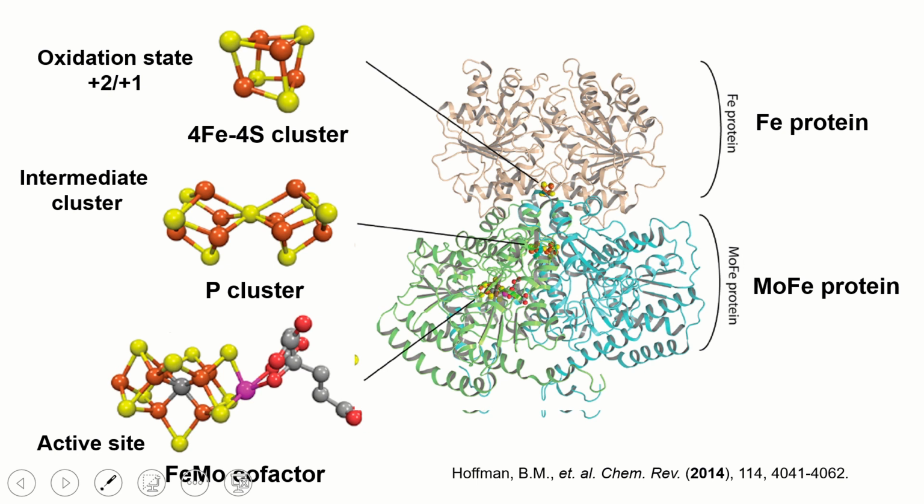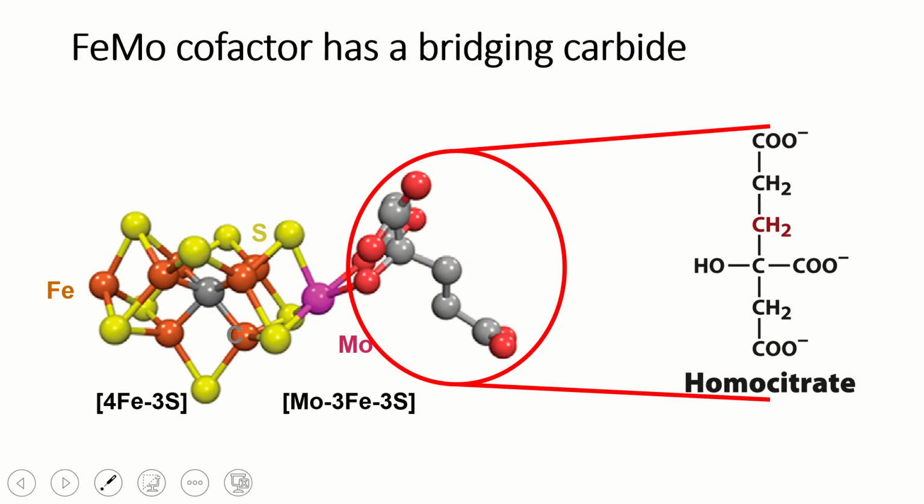Let's take a closer look at the iron molybdenum cofactor, because this is a very unique cofactor within biochemistry, within biology. There's a close-up of the iron molybdenum cofactor, and you can think of this as a 4-iron 3-sulfur cluster on the left-hand side here. On the right-hand side, it is connected to a molybdenum 3-iron 3-sulfur cluster.